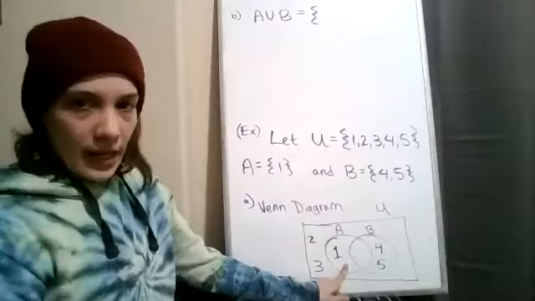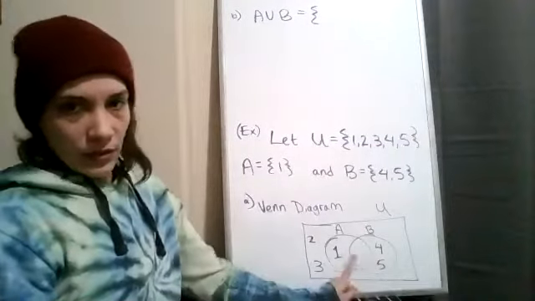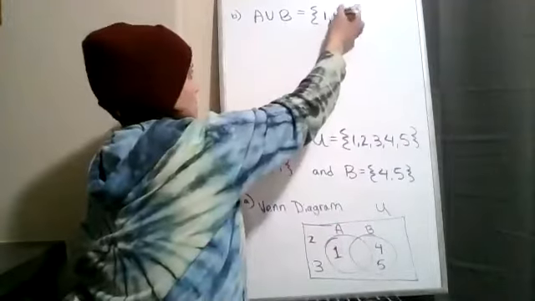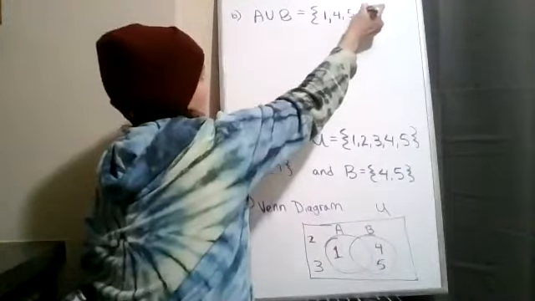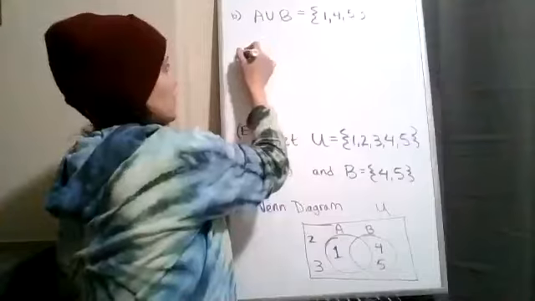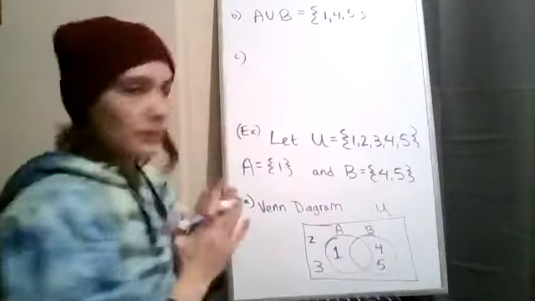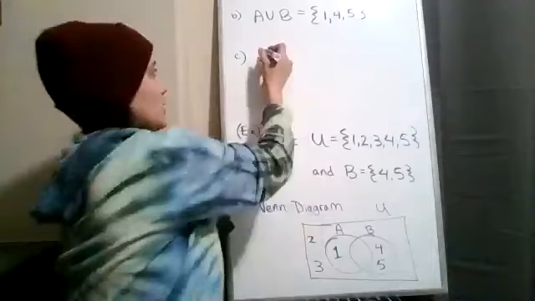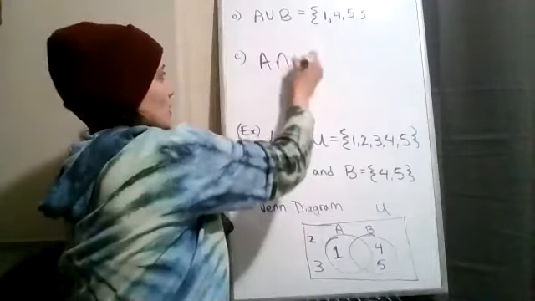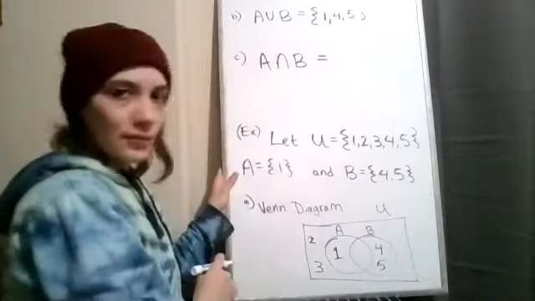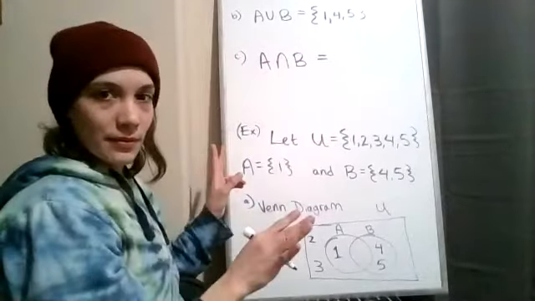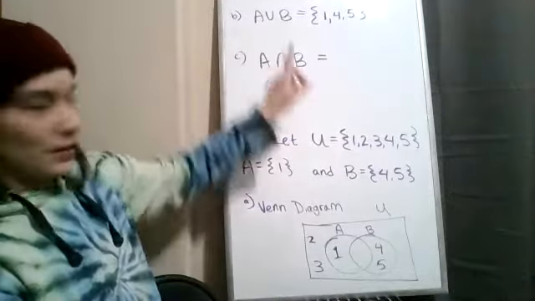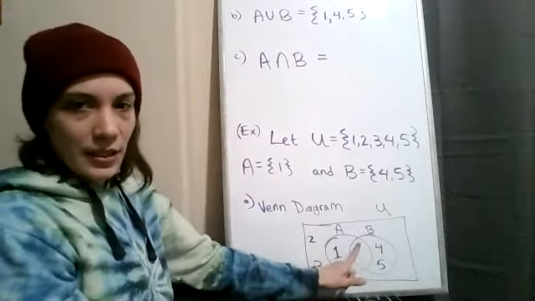So it can be in set A or B or both. So you've got 1, 4, 5 in curly brackets. Someone tell me what A intersect B is? One, 4, and 5. Well, that was A union B. So the intersection is what they have in common.